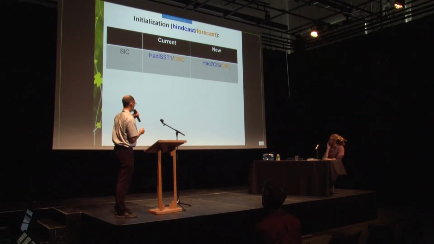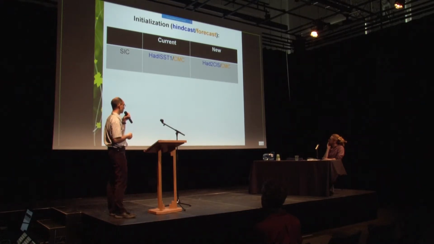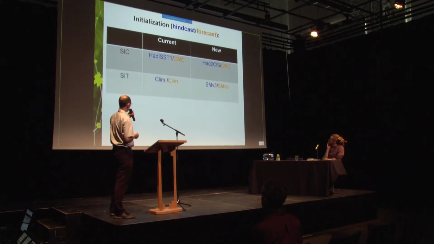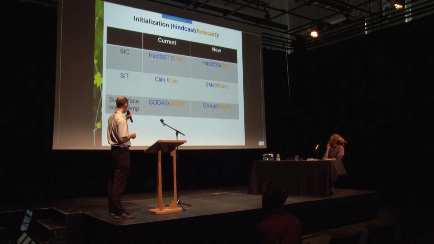So this is really a game changer for us, because now we actually have usable forecasts of sea ice. And we also made other improvements related to sea ice thickness initialization and subsurface ocean temperature initialization. Basically, this increases the temporal consistency between the hindcast and the forecast.